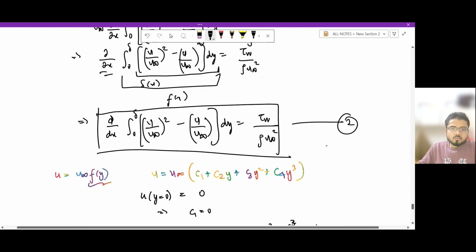Now, what you need to do is substitute this entire thing into this equation. Okay.